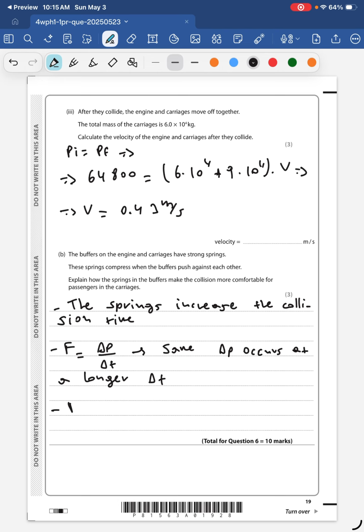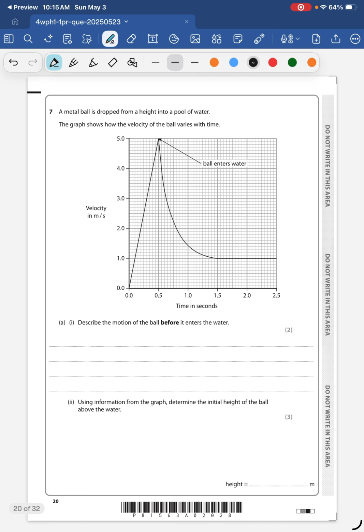Okay, so the force on passengers reduces simply because it takes more time, okay? Because we divide the same change in momentum by a longer interaction time. This was question 6. We're ready to move on to question 7.